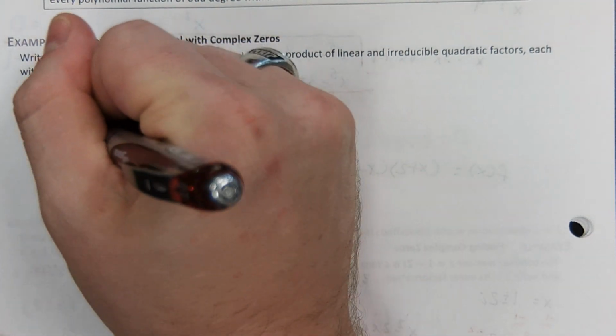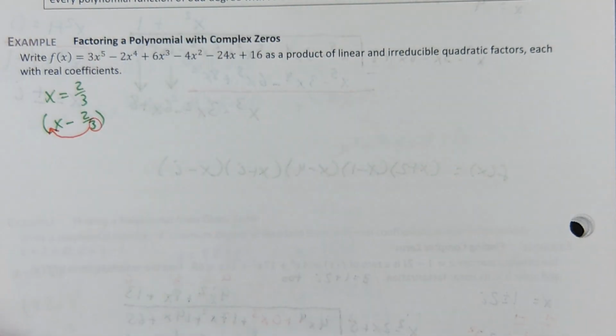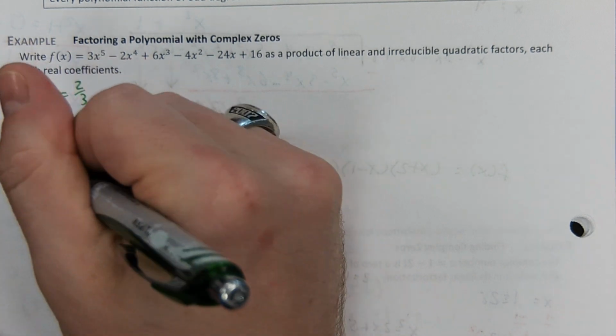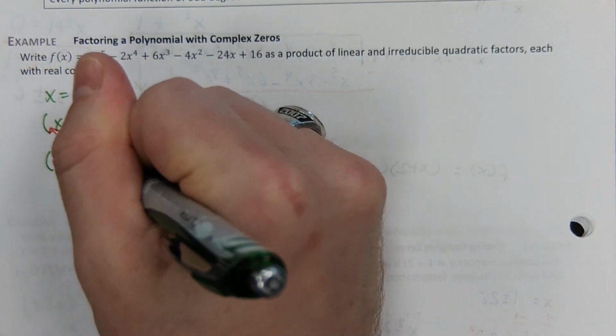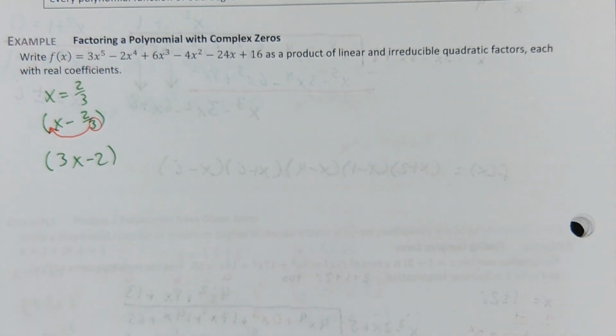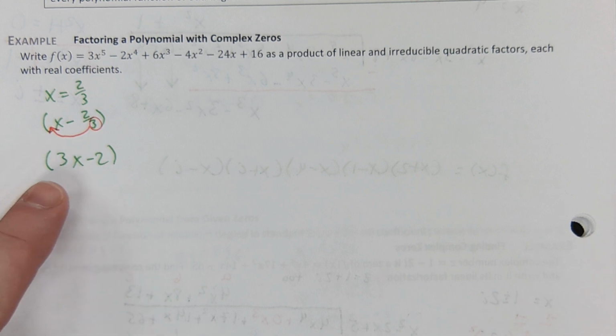You take this denominator and scoot it to the front, just like you would have done for the Lizzie method. And you'll find out that 3x minus 2 is a linear factor. We have one of the 5 factors. And the other two don't look like they're going to play nice. So we're going to go ahead and do long division with that.